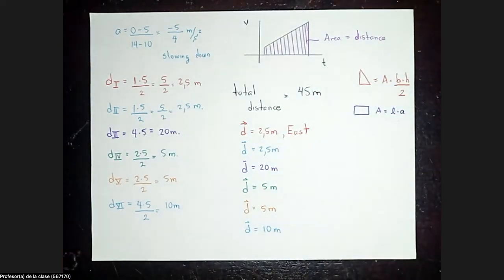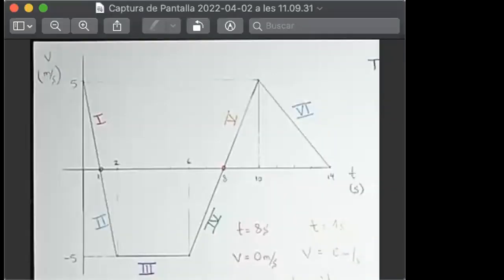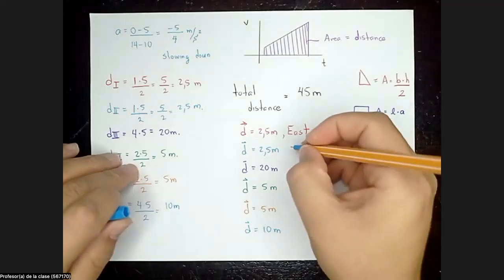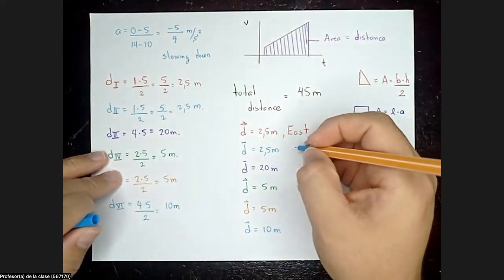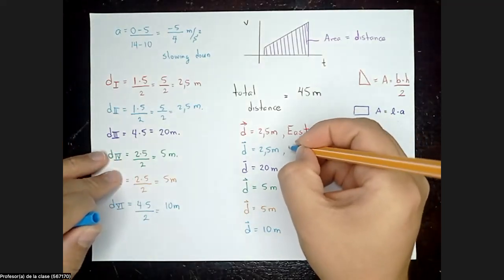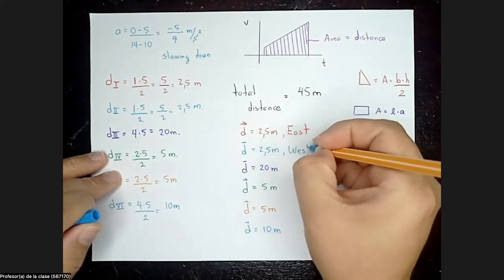But in the second interval, after the object stops, the object now is moving to the west. And remember, all the intervals under the x-axis are going to be in the opposite direction from the beginning.